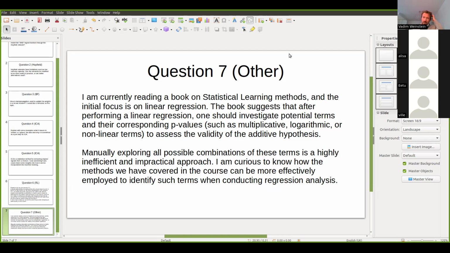Linearly means that a linear function satisfies L of x plus y equals L of x plus L of y. If the function is not linear, it will not satisfy this. So you can test that. But this is not really part of this course, and I don't really know the answer. I suppose there are a lot of automatic methods to do that with algorithms, but I don't know what they are.